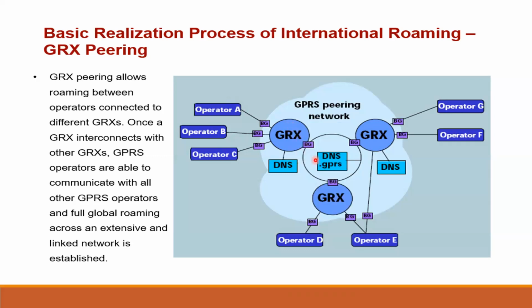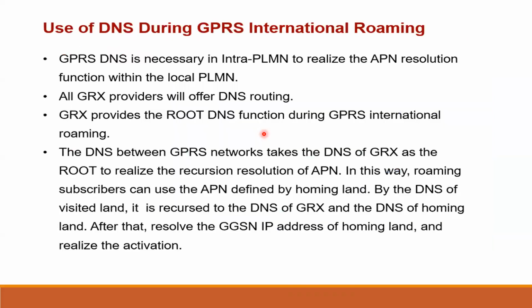So we are going to have a little deeper insight into how this portion works, and the specific functionality of your root DNS and your border gateway. The other network element that is essentially used in your international roaming is your DNS. A GPRS DNS is a different DNS.